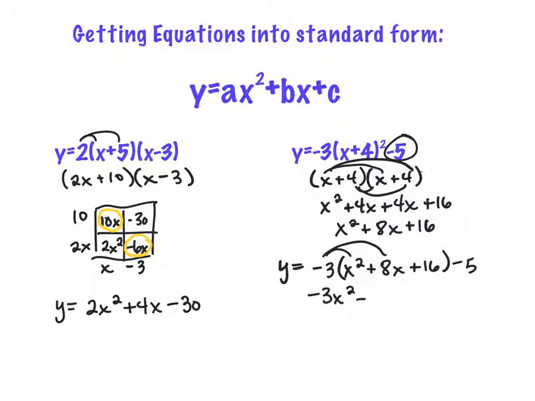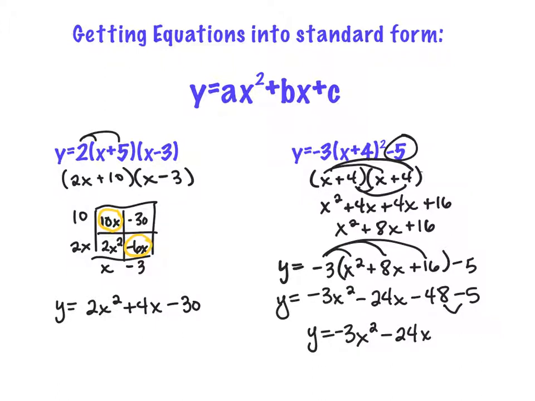Negative 3 times 8x is negative 24x. Negative 3 times 16 is negative 48. And then minus 5, so I can combine those two things. This is all still y equals negative 3x squared minus 24x minus 53. So now I'm in standard form.